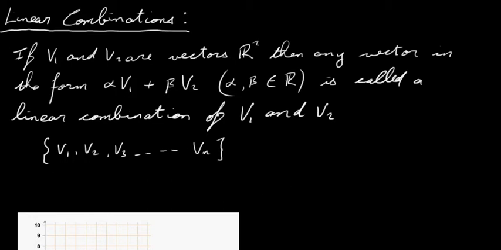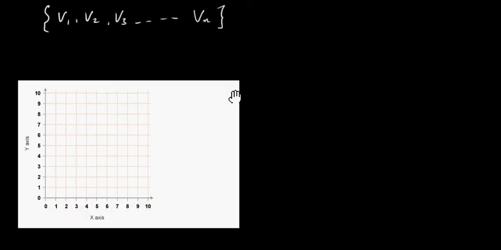So let's have a look at a simple example where you can use this idea of linear combination. Let me just move this out of the way here. Okay, so let's take for example v1 being our first vector, and we'll use R2 here. Let's say v1 is (2, 0), and let's take v2 as being (1, 1).